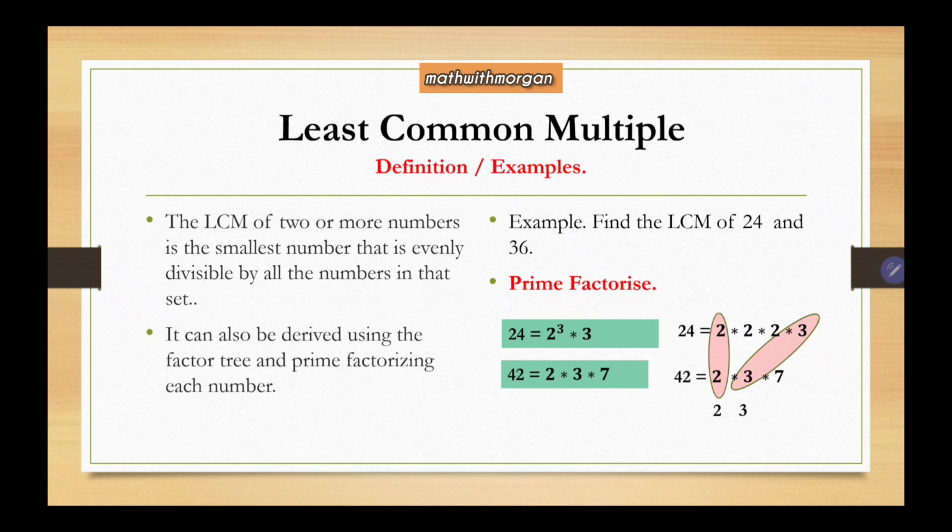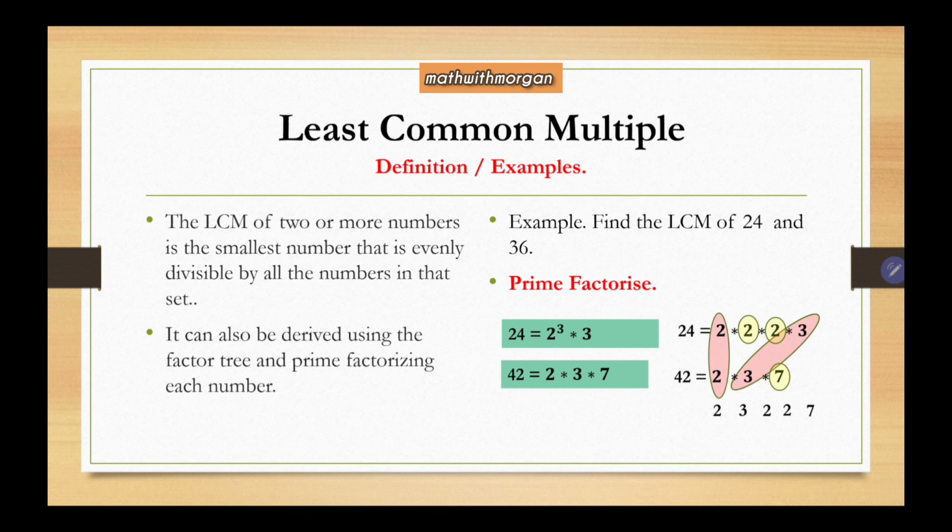But also we need to get the rest of the numbers that they didn't share in common, which are the ones circled in yellow. We're also going to make use of these numbers by multiplying all of them with the ones that they had in common. So we have to do 2 times 3 times 2 times 2 times 7.